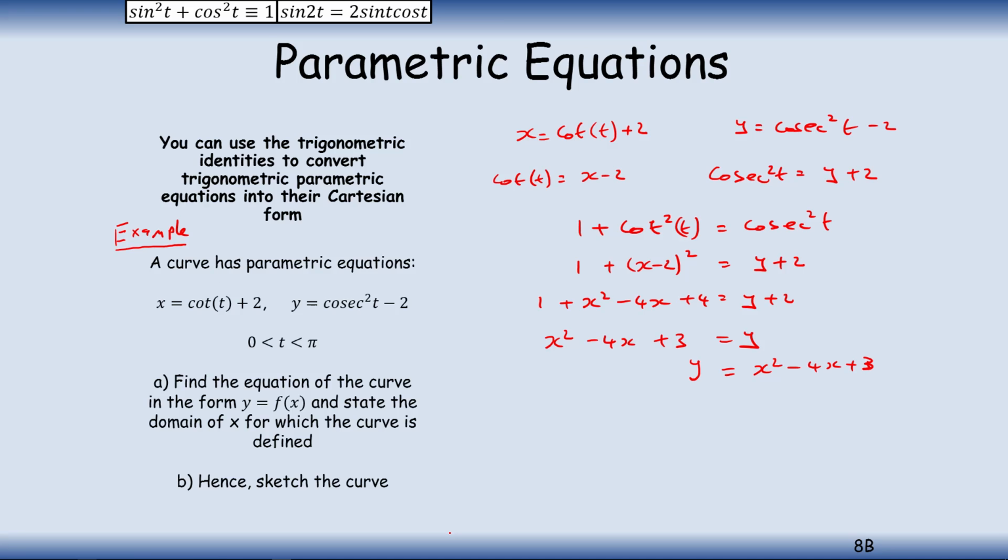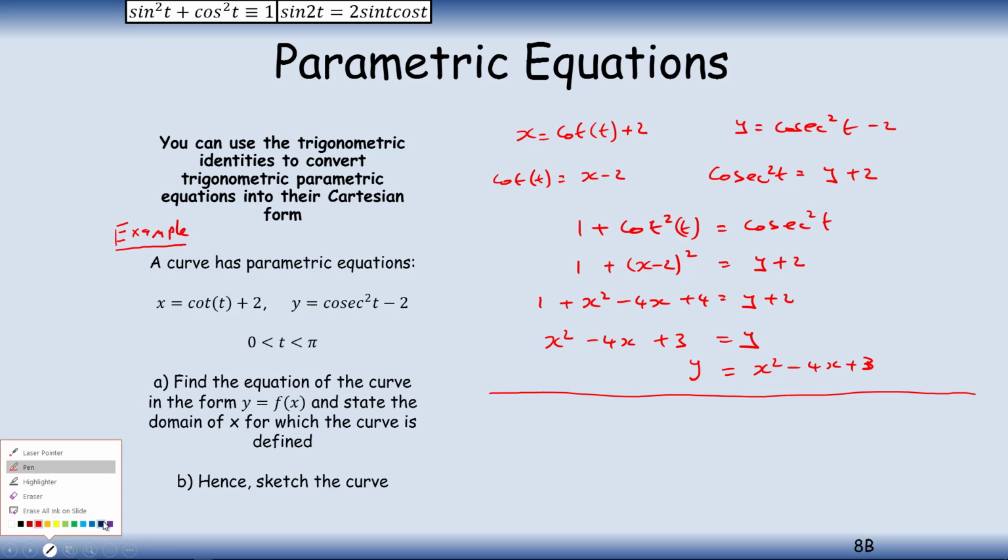Right, so in order to find the domain of x, I'm just going to sketch a little line going across here. I'm going to change the color of the pen just to differentiate. We look at this function here. This is going to help us find the domain. x is equal to cot of t plus 2.